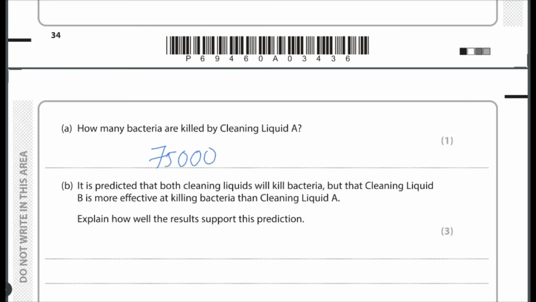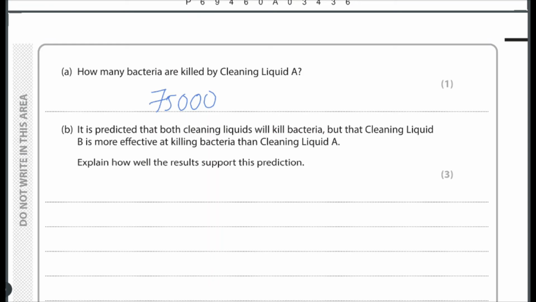Moving to next. It is predicted that both cleaning liquids will kill bacteria, but that cleaning liquid B is more effective at killing bacteria than cleaning liquid A. Explain how well the result supports this prediction.